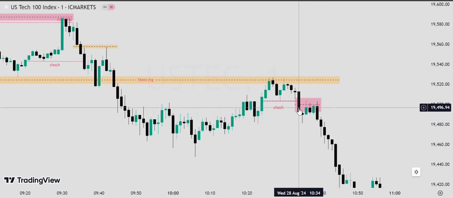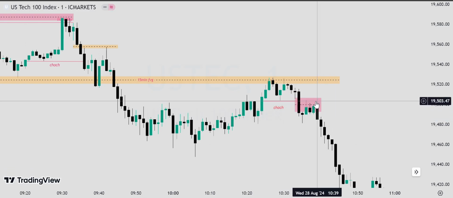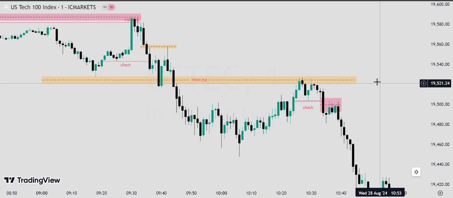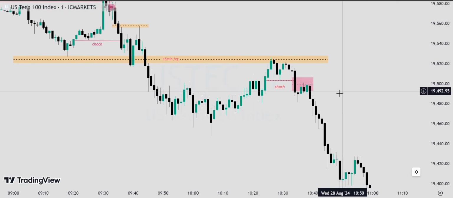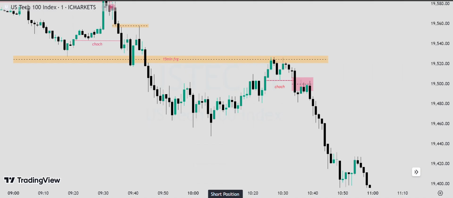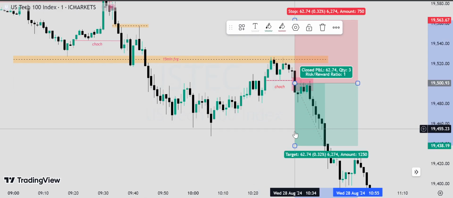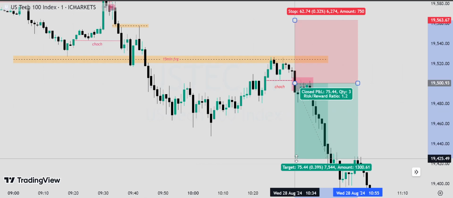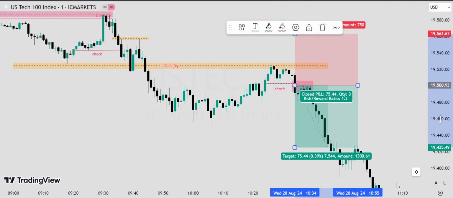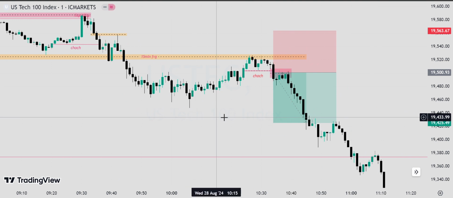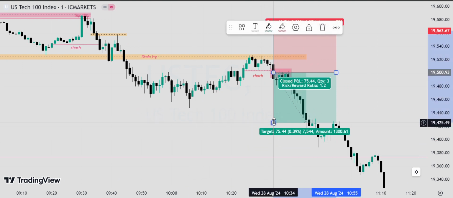It was tested 3 times, 1, 2, 3. The market was waiting, collecting orders to take a short position. So you take your mark, you come here. You target the nearest low. So our nearest low is this one.